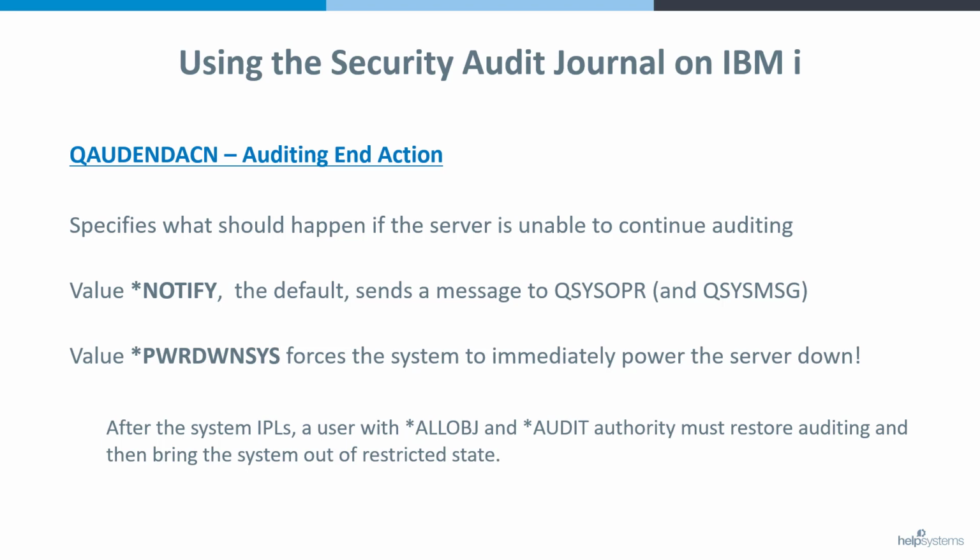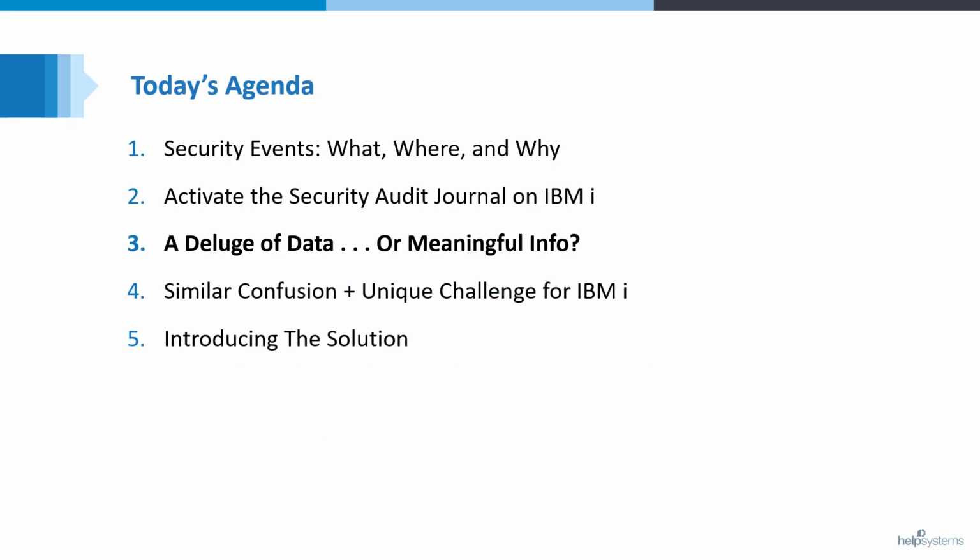So there is some intervention required at that point to resolve whatever issue caused the auditing to be suspended in the first place. For most of us, the notify option is just fine, and as stated, that is the default setting.